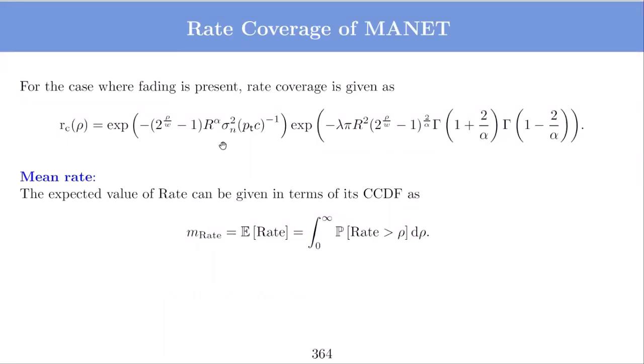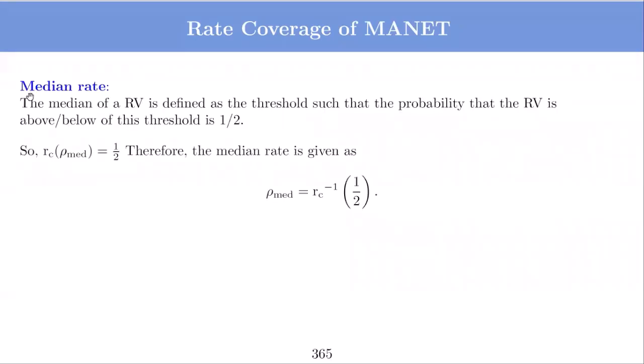Okay. And then I can also compute other parameters such as mean rate. Mean rate would be the expected value of rate. And then you can compute that by integrating the CCDF over d rho, right? That is the way you can compute the mean. If you want the median rate, what is it? The median rate of a random variable is defined as the threshold which gives the probability that rate is above that threshold at least half, right?